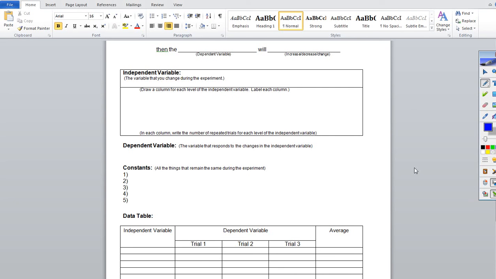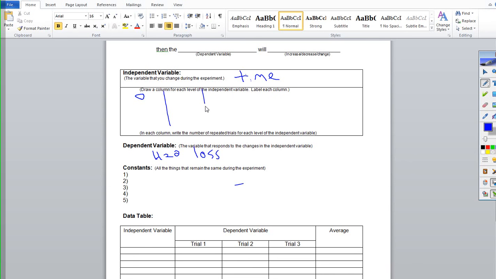I want you to draw your lines in. And so I'm going to write 0 time, right? Because the time was the IV, right? The DV is the water loss. But I want you to draw your columns. So 0, 10 minute, and just to save a little time, I'm just going to draw an arrow and say 70.